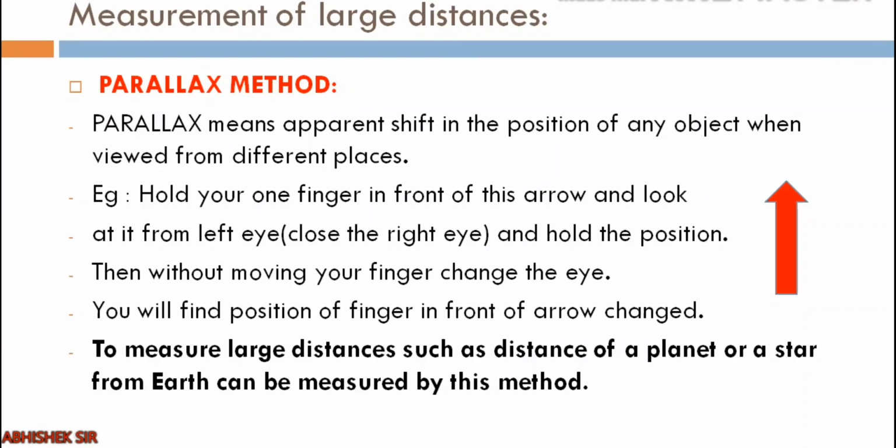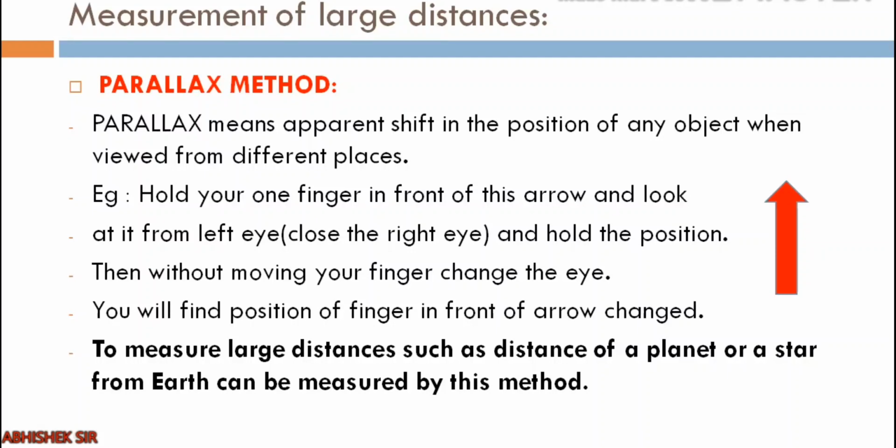Hold the finger exactly straight in front of this arrow. Now don't move your finger, don't move your hand, just change the eye. That means close the left eye and now look at the same finger with the right eye. You can see that the position of the finger in front of the arrow will change a little bit, right?